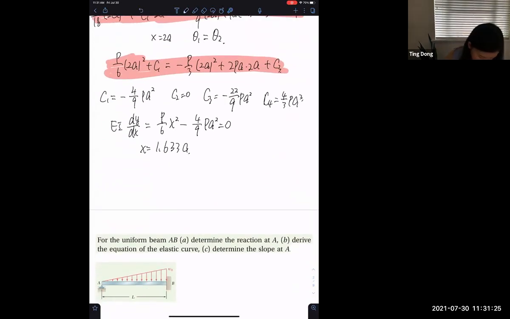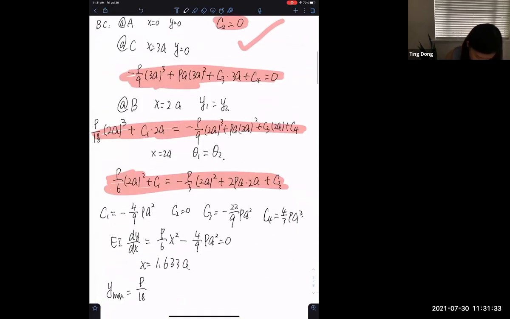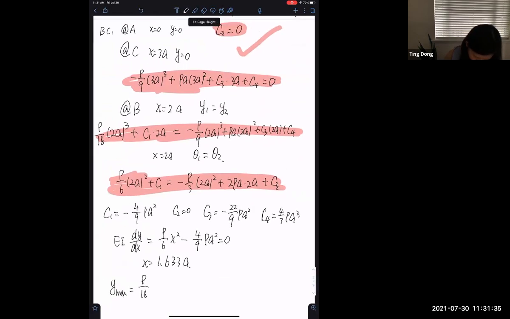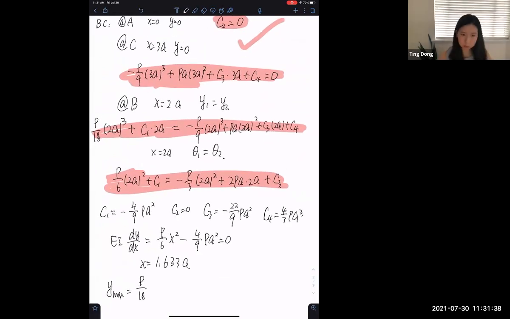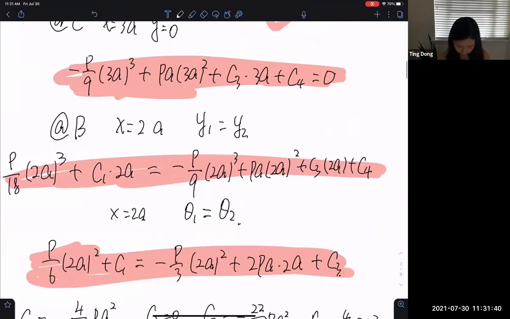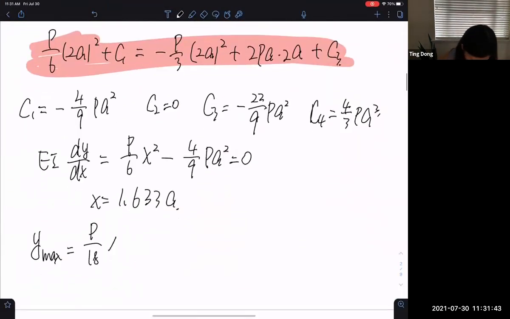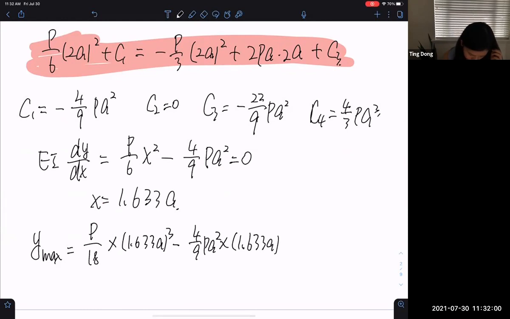And for the maximum deflection, of course, we plug in x equal to 1.633a into this equation, right? So the maximum deflection, y max, equal to times 1.633a cubed, PA squared times 1.638.